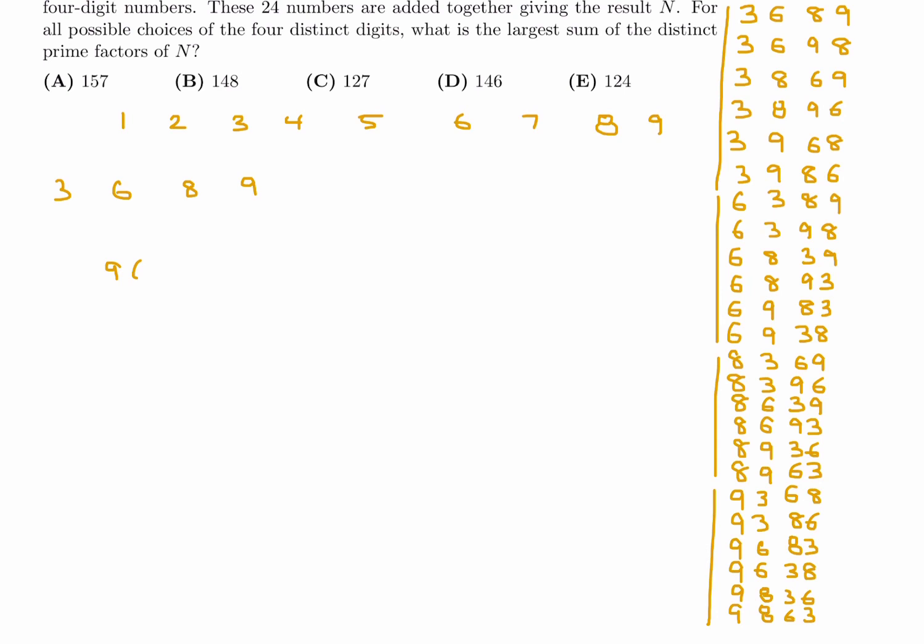Then you have 6 also of the 8s, and then 6 also of the 3s, and you have 6 also of the 6s. And that, in this particular case, is 156.